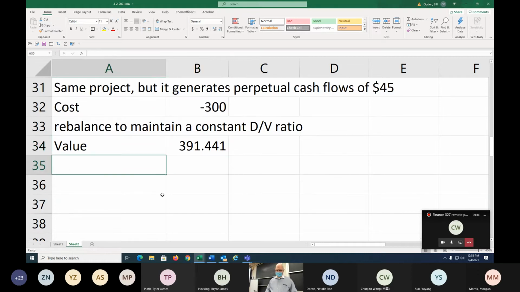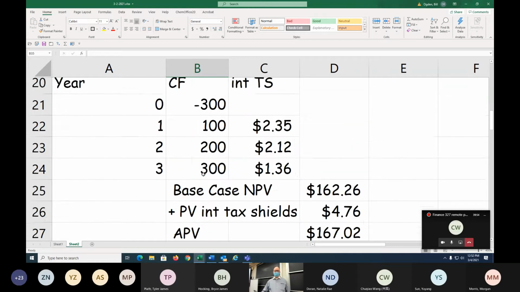Your chance. Same company, right? Same everything. How much will the company borrow against this project? Well, what did we borrow up here?